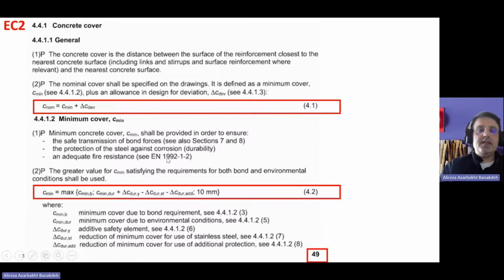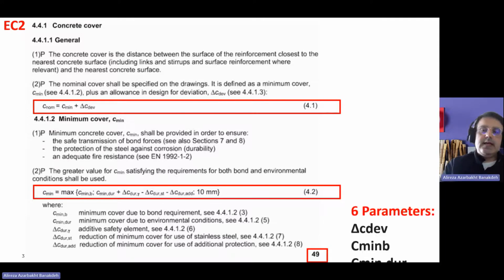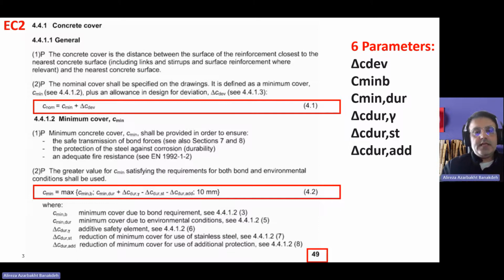You can find these formulas on page 49 in Eurocode 2, Part 1-1. If you take a look at these two formulas, you have 6 different parameters, haven't you? So we need to go one by one to derive these 6 parameters and put them inside these formulas to come up with C nominal, the nominal cover you need for your section.